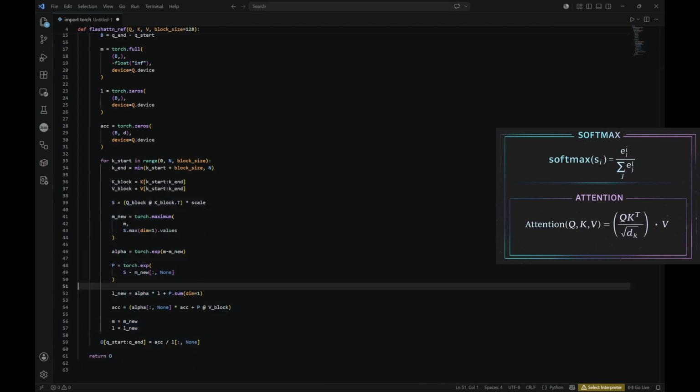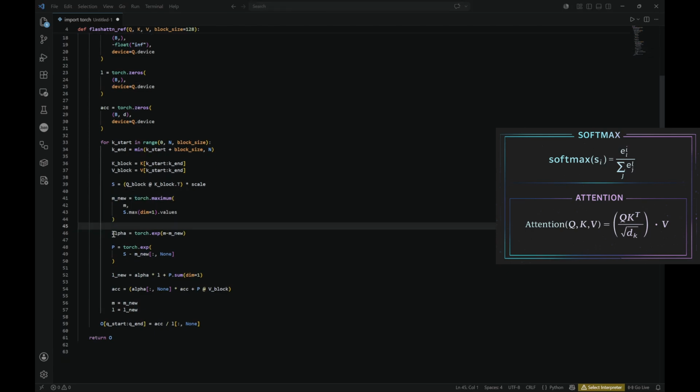The S is just the raw attention scores, or rather raw attention scores for the tile, because you have the Q block and then the K block, which is a little bit different from the actual attention mechanism. But you obviously have to multiply them by scale to ensure that it's local per block or tile. And then you update M. So alpha here is the exponent of m minus m new.